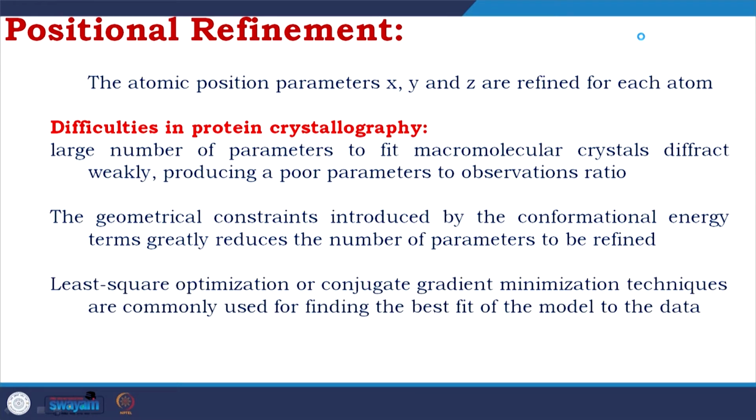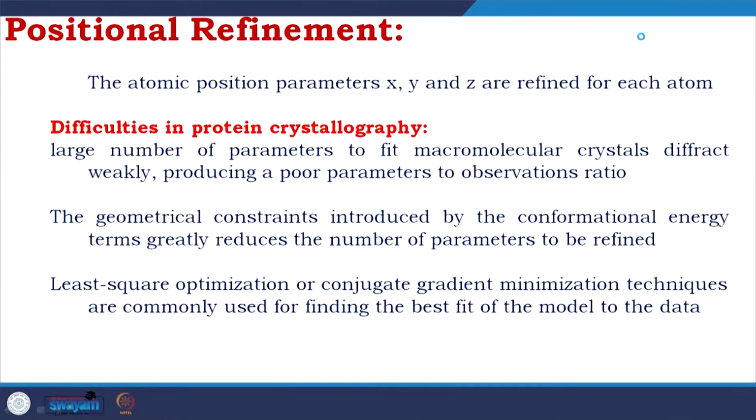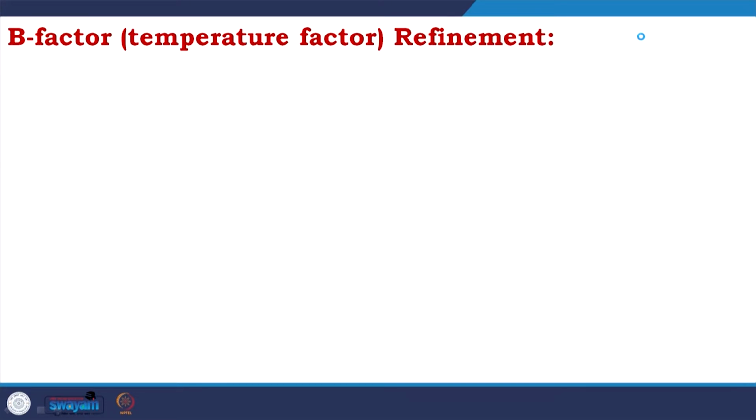Least square optimization or conjugate gradient minimization techniques are commonly used for finding the best fit of the model to the data. When we are doing a rigid body, it is relatively easier because you are not considering all the motions, and here we are taking least square optimization and conjugate gradient because they generally are less computer calculation intensive.